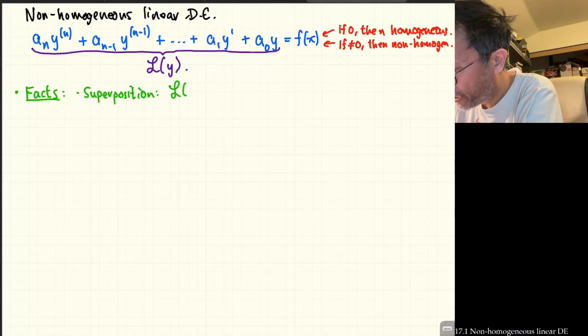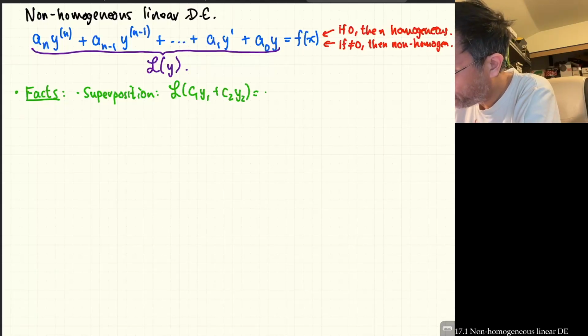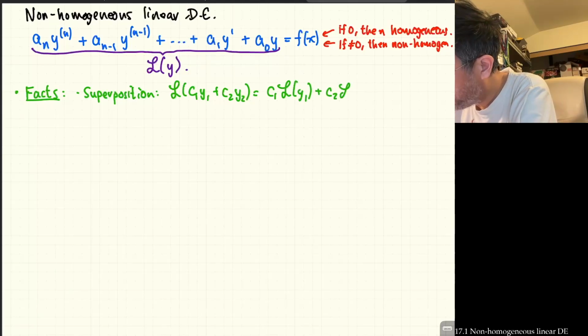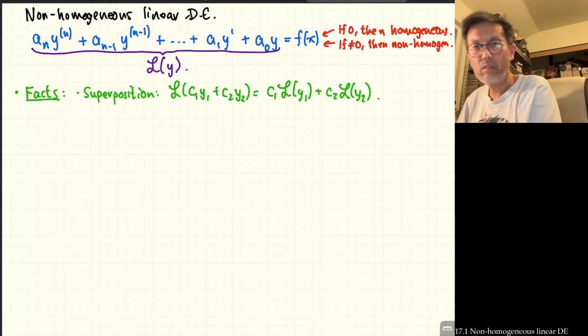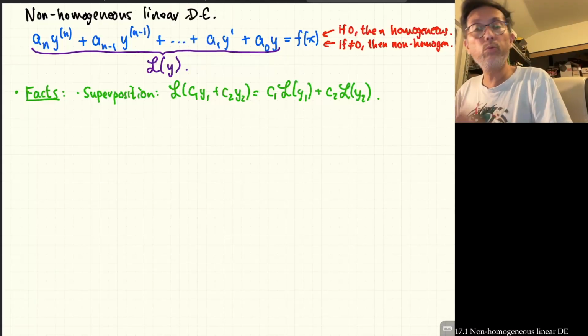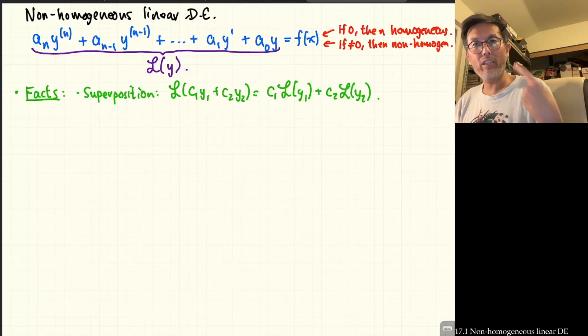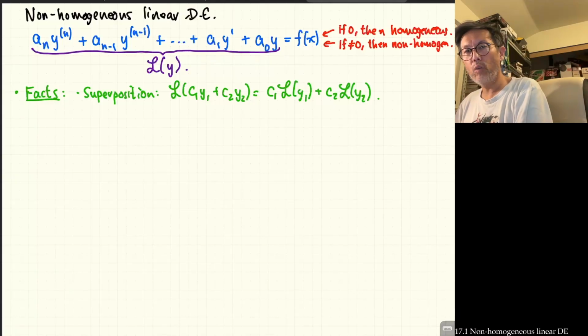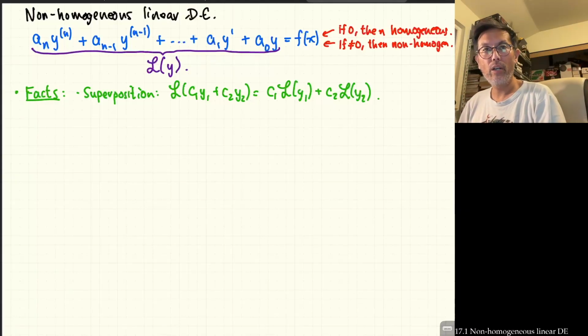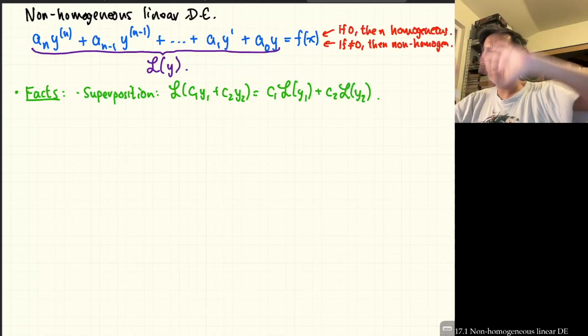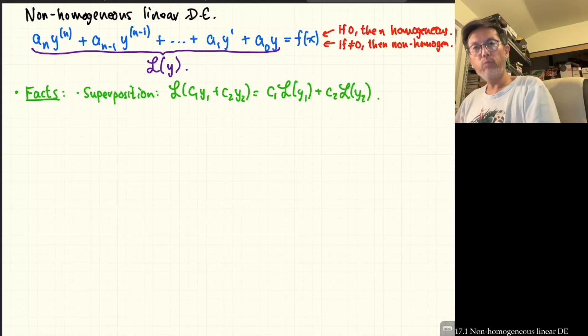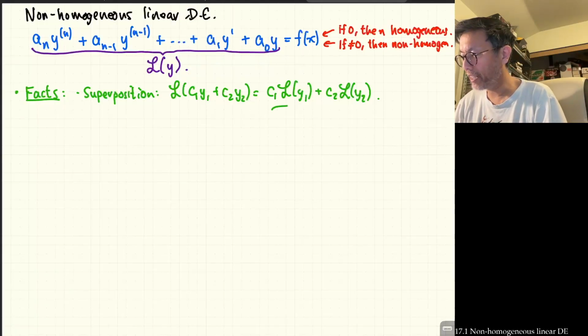L of C1y1 plus C2y2 is equal to C1 L of y1 plus C2 L of y2. Okay? This is just a routine check. You can check this for yourself by shoving C1y1 plus C2y2 into this definition for L of y. And if you do that and you use various properties of the derivative, this right-hand side will fall out.